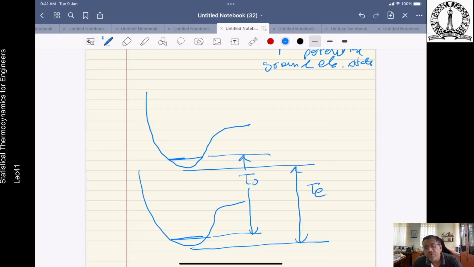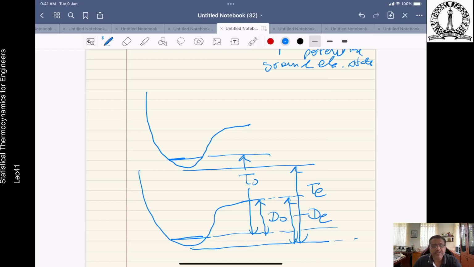You can also define something like a dissociation. So if you pull these things back a little bit, this particular thing is your D0, and this is your D_e.